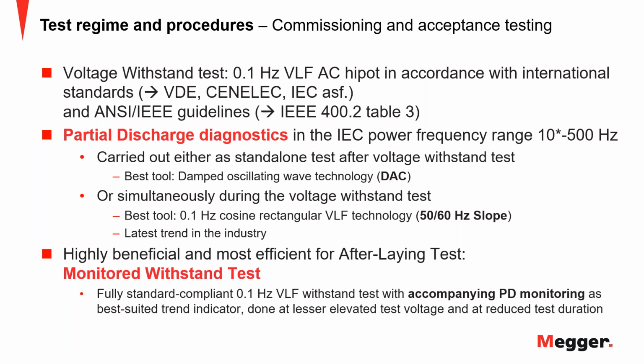And that quantity, the only quantity that makes real sense, is the PD activity. So you keep the cable at test voltage level, and you see over time, do I see certain splices having PD activity, and is this PD activity increasing over time during the test? So that is the recommendation.